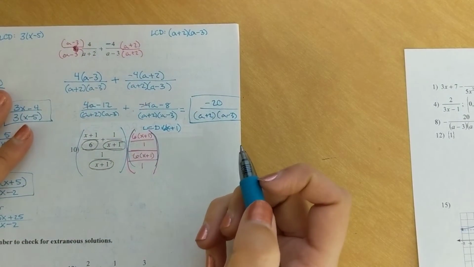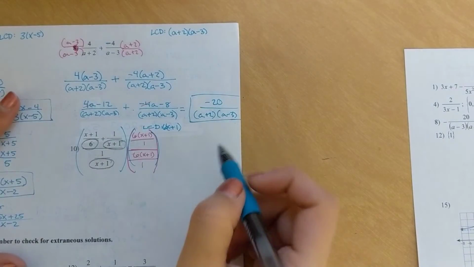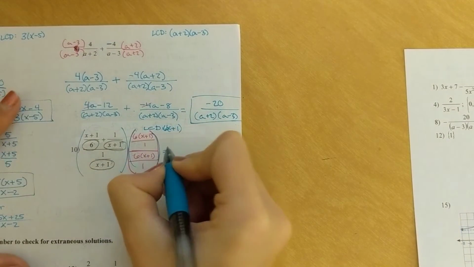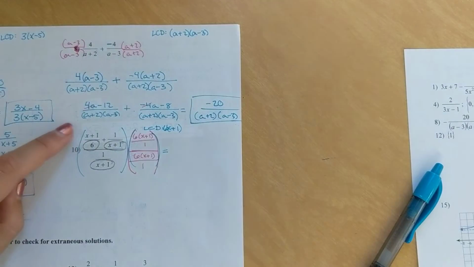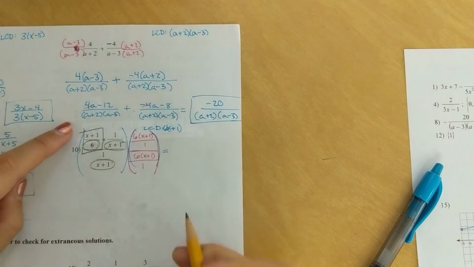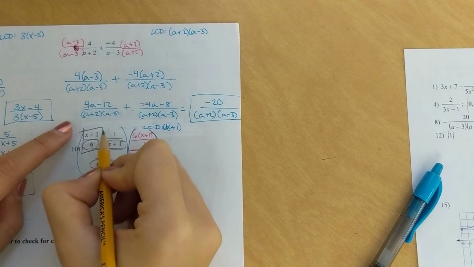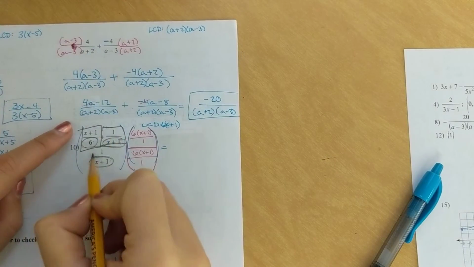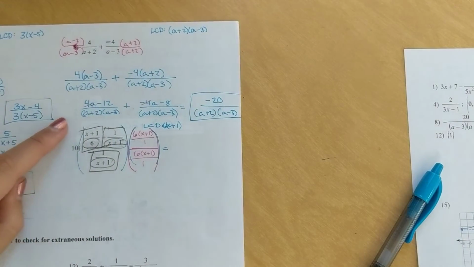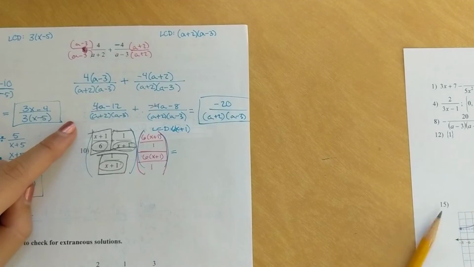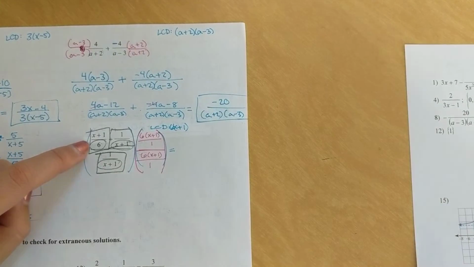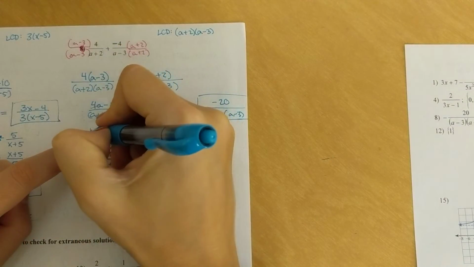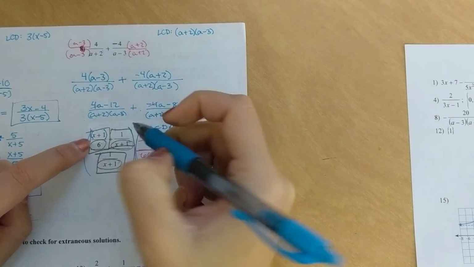So I think I'm going to put it next to it right here. Okay. So imagine we have this fraction is going to be multiplied by the LCD, this fraction, and this fraction. I could be just making it more confusing. Okay. So anything that has multiple things in the denominator, make sure you group it.